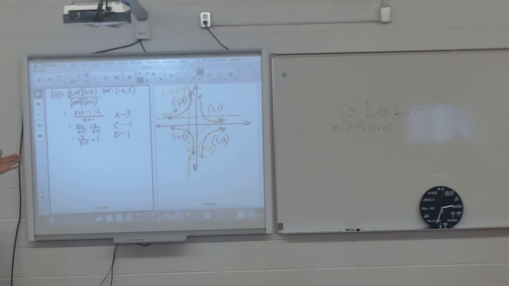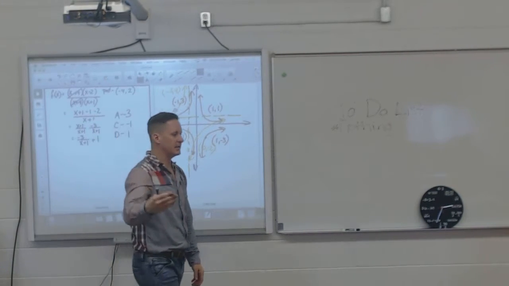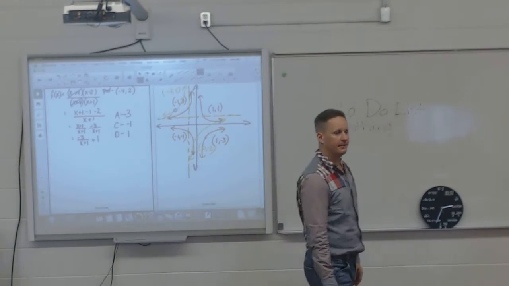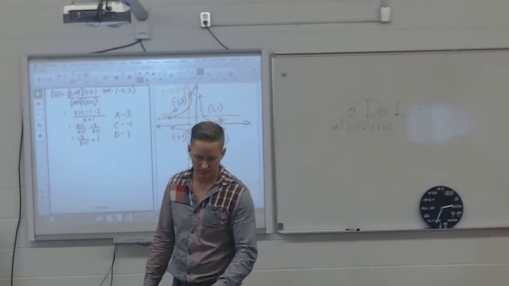Because we have done this in every single unit since, haven't we? We've done trig, logs, exponential, polynomials, rationals, we've done it all. Square roots, it's all A, B, C, D. Okay? Any questions about this?